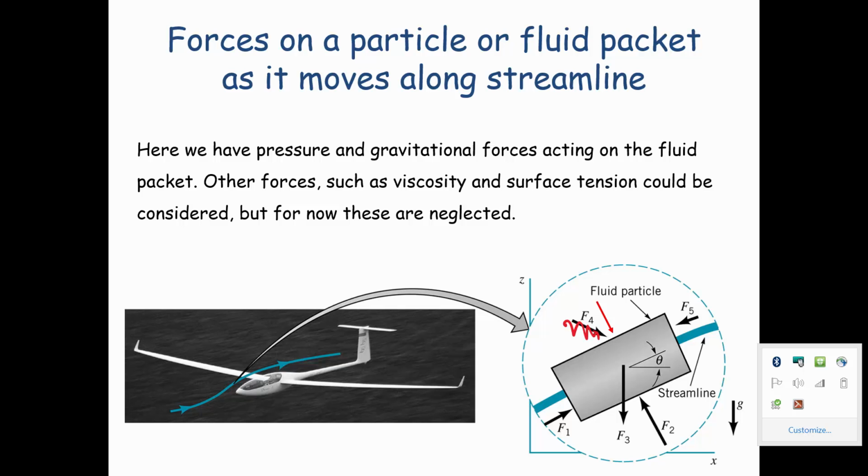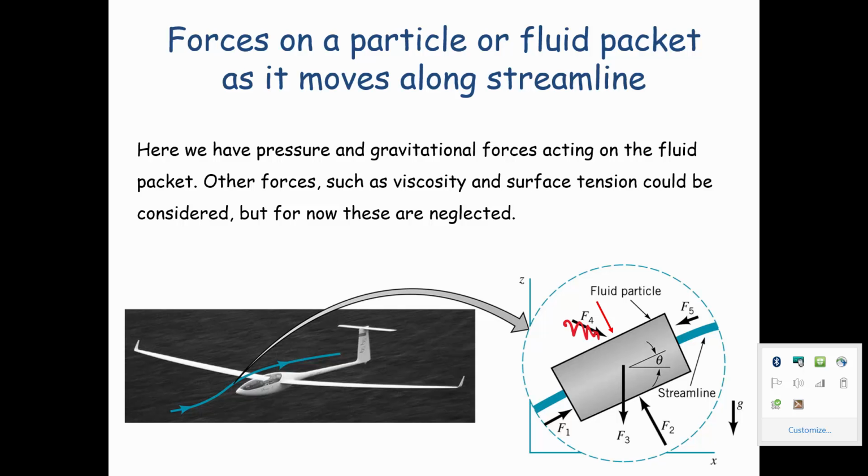The newer version of the textbook has the correct orientation of force F4, which should be normal to the packet. And so I've kind of scribbled out the other arrow that's shown there. So the version of the text that you have should have that force F4 being normal or perpendicular to the fluid packet.